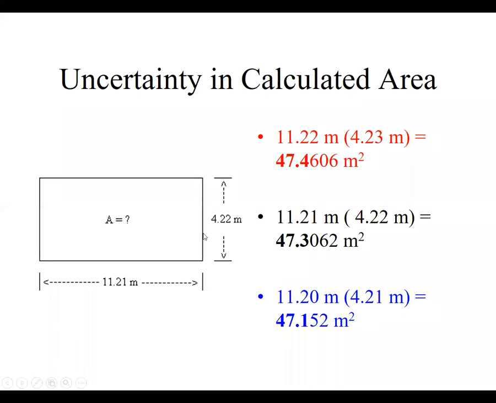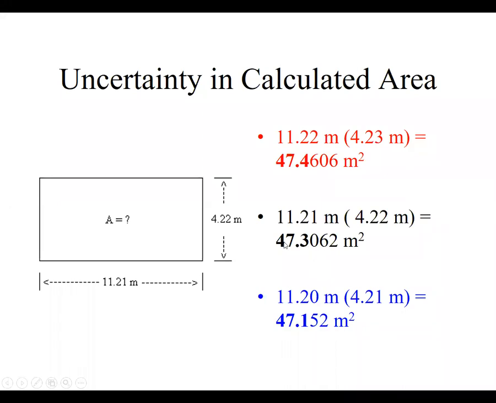It comes from errors in the measurements that led to that area. So you might be off in your measurement of the length, and you might be off in your measurement of the width. And if you're using the wrong numbers in your calculation, numbers that aren't quite right, then your calculated area won't be quite right. So your area gets its uncertainty not from a direct measurement, but from errors in the numbers you started with in the calculation.